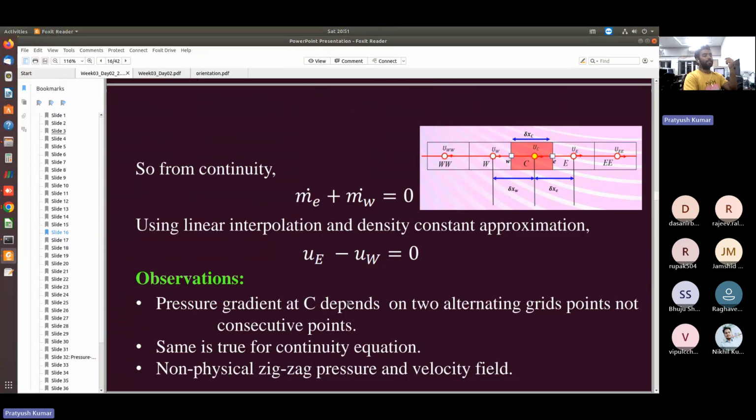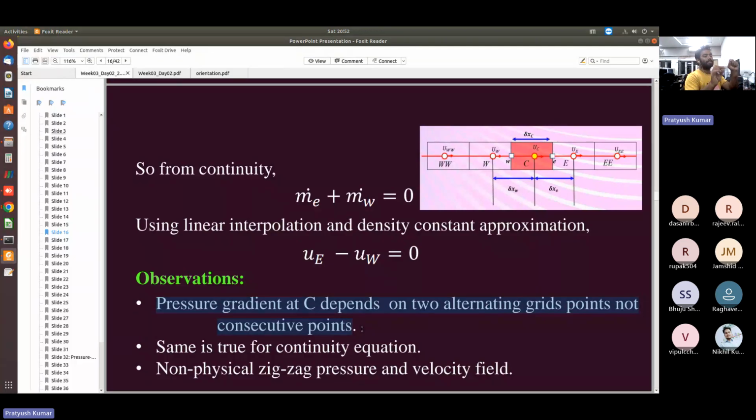I have just shown an example for the momentum equation, but the same is true for the continuity equation also. The two problems I want to focus on here are that while using a collocated grid kind of meshing and calculating the pressure gradient at a cell center, we are taking the value from the alternative grid points.